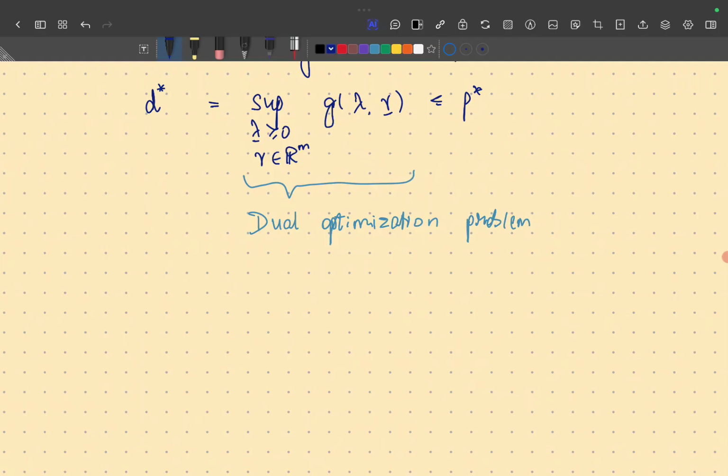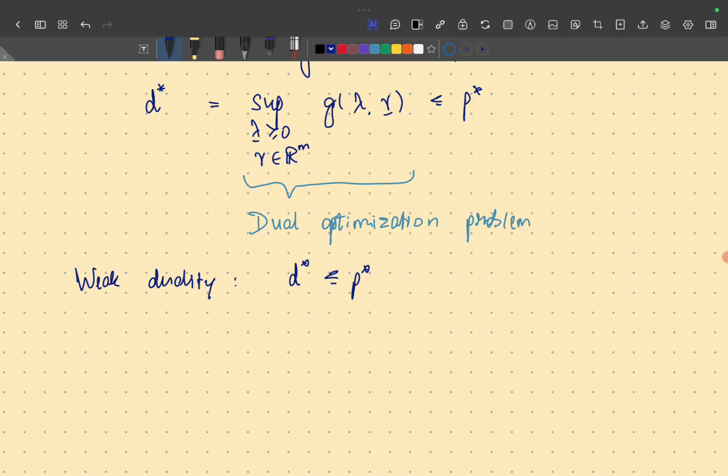Because I say that one is the dual of the other, weak duality holds because d star is less than or equal to p star. Remember, so far I made no assumptions on f or f1, f2, through fn or the hj's. They could be arbitrary, they could be non-convex, non-differentiable, no problem.